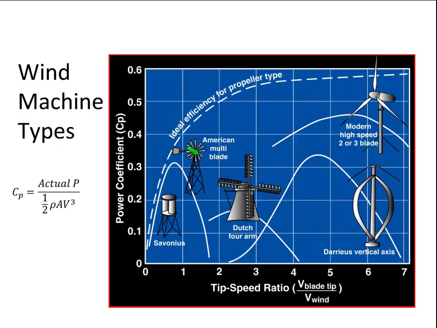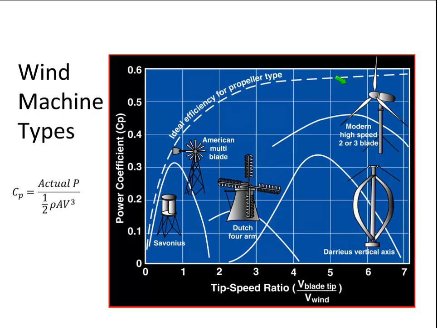And so here's the American multi-blade windmill, or maybe sometimes we call it a Chicago style, or also a water pumping windmill. It's got a little bit of lift forces, but a lot of drag forces, and so it's on the lower side of the efficiency. The Darius and the modern 2- and 3-blade turbines are getting up there, and the Darius at times can get up in here as well, above 0.4, 0.5, or 50% efficiency.